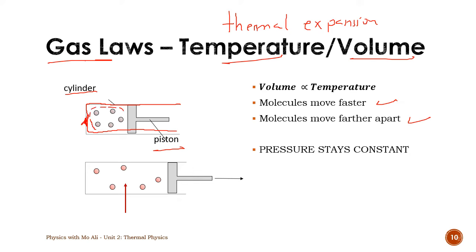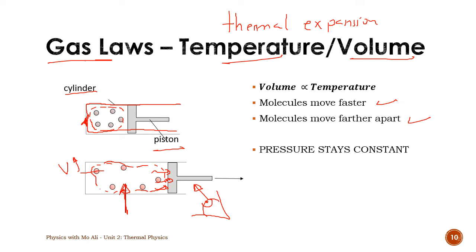There is air inside, and when you heat this air, the molecules move faster and move farther apart, and the volume of the air increases. So when the volume of the air increases, it pushes the piston out. So you can now see the thermal expansion of a gas, since it's impossible to see a gas or air with your naked eye.